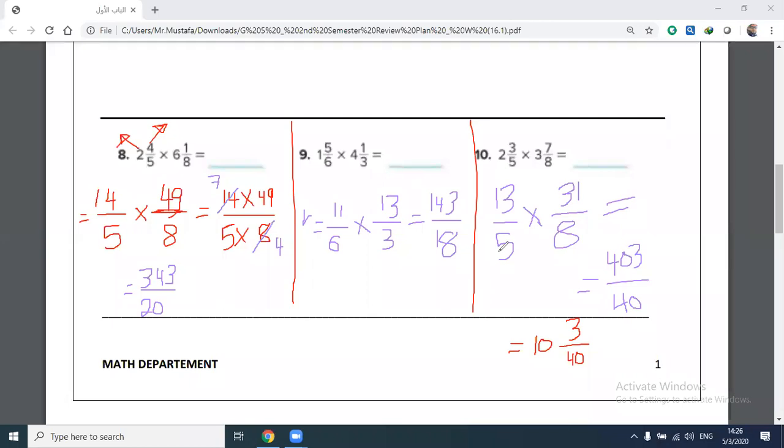Now I have the answer: 403 over 40 as an improper fraction, or 10 and 3 out of 40 as a mixed number. Okay. Did you take a screenshot for this or not? Yeah, I did.